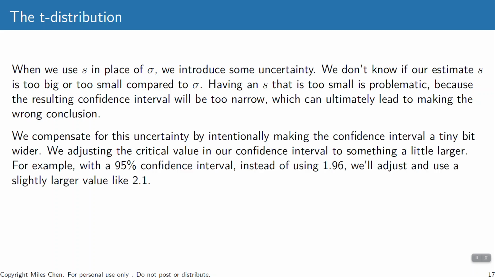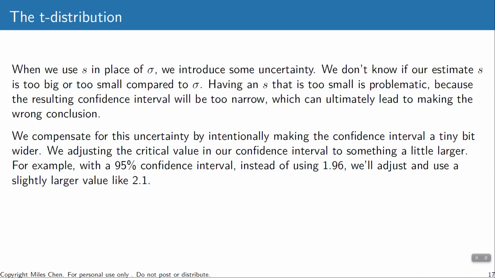So to compensate for this, so we don't end up with an interval that's too narrow, we're just going to fudge the numbers and build in a little bit of buffer. If we knew the population standard deviation, we'd go up or down 2 standard errors, or 1.96 standard errors. Now we're going to say, you know what, let's build in a little bit of buffer.